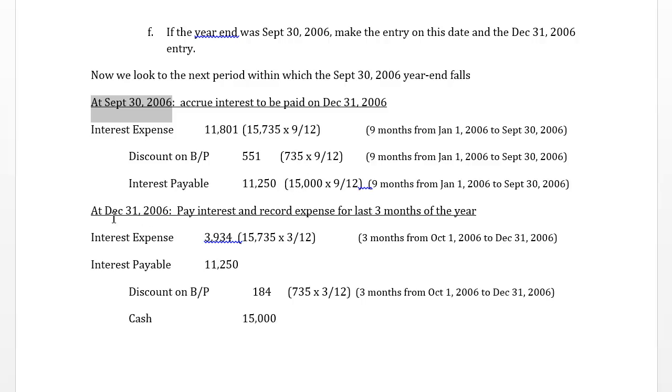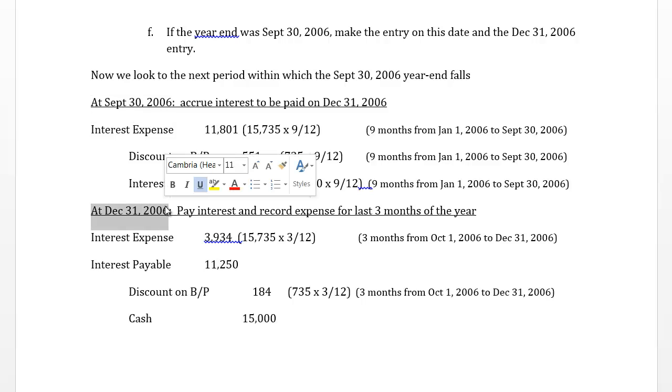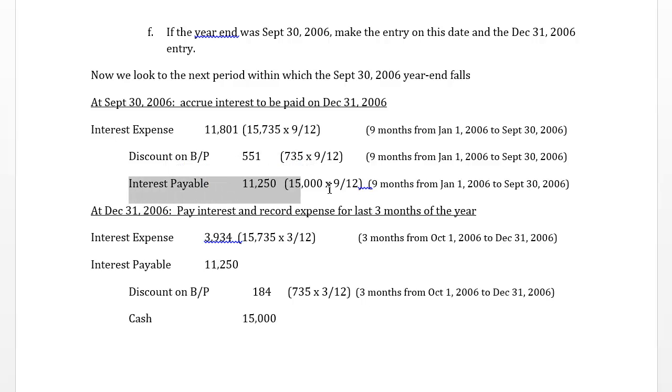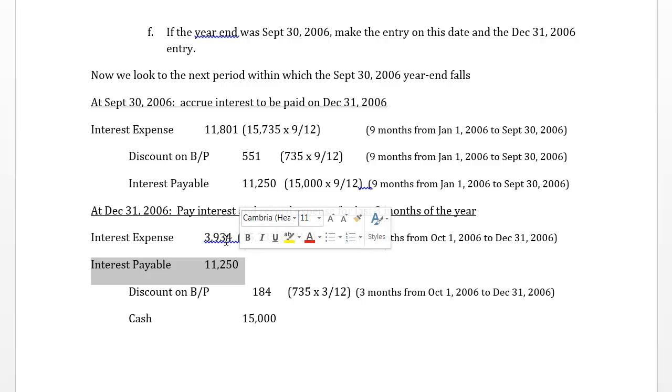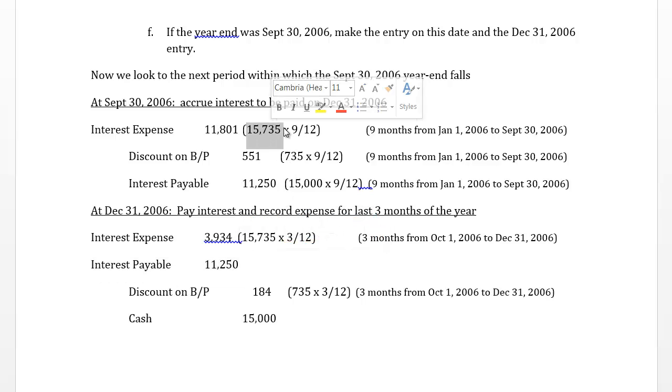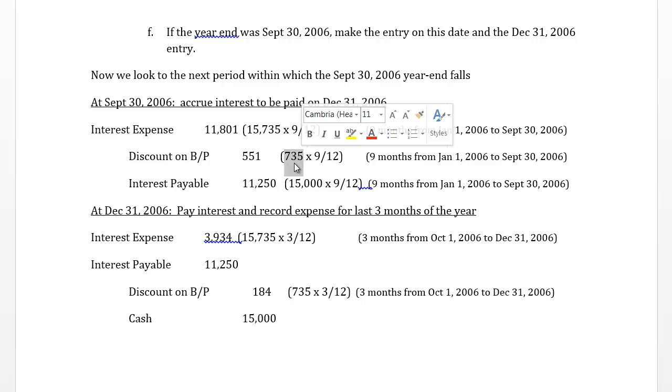So now when we go to pay the interest at December 31st, we need to clear out this accrual in its entirety, which is $11,250. We need to expense in interest the other 3 months of this, which is $39.34. We need to amortize the last 3 months of this $735 discount because this was for the entire year.